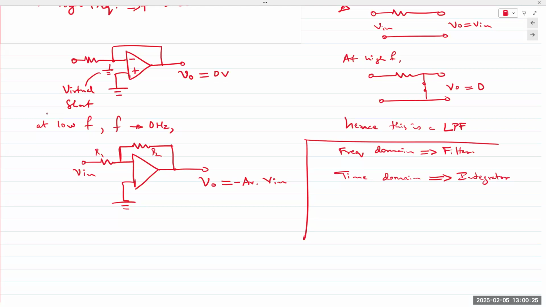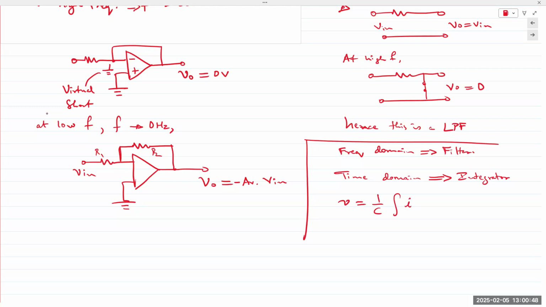Capacitor voltage V is 1 over C integral of the current I. Capacitor current I is C dV over dt. Integrate both sides, you obtain expression for capacitor voltage. Integral between time 0 and t, IC dt.